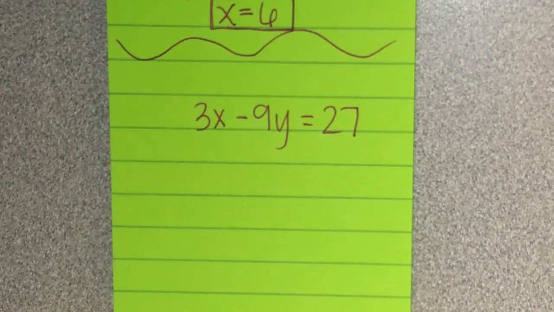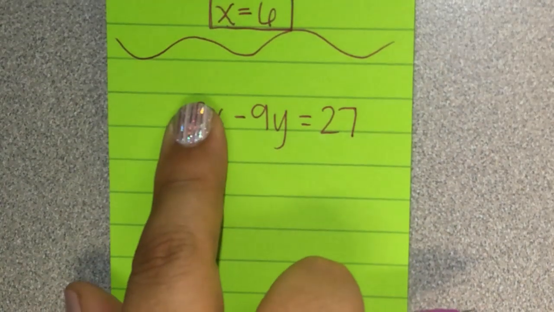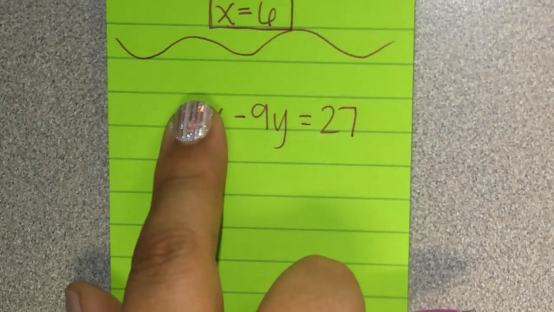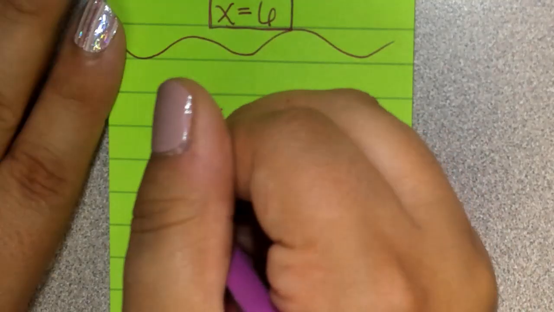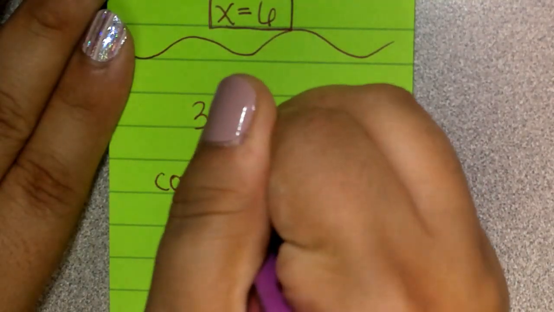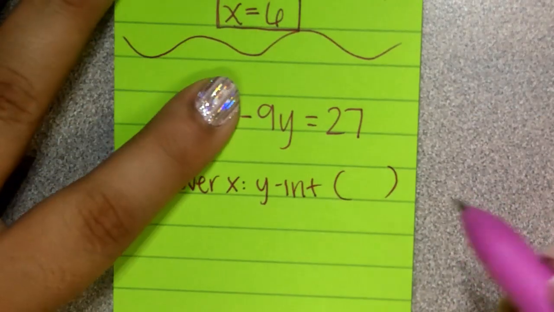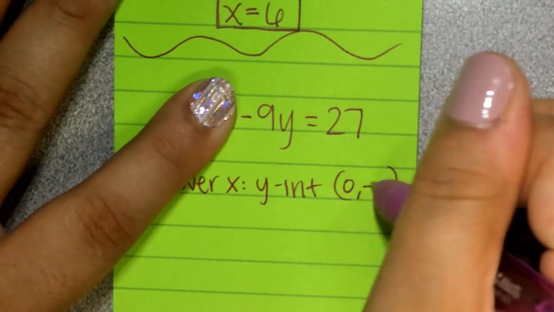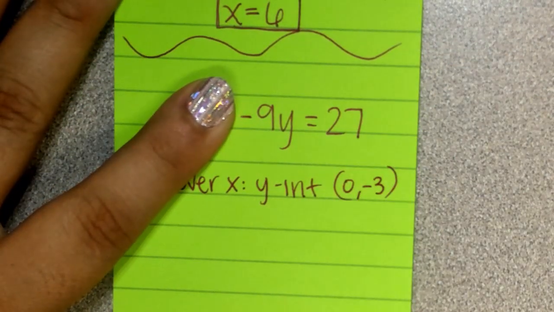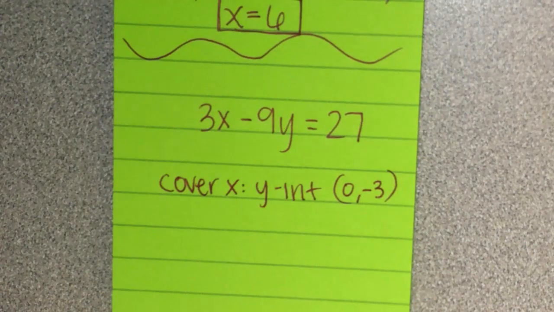I could figure out the y-intercept. Do y'all agree we learned to cover the x? If I cover the x, my y-intercept is what? And I want a point. 0, -3. Do y'all agree with that? Okay. But how do I find the slope?